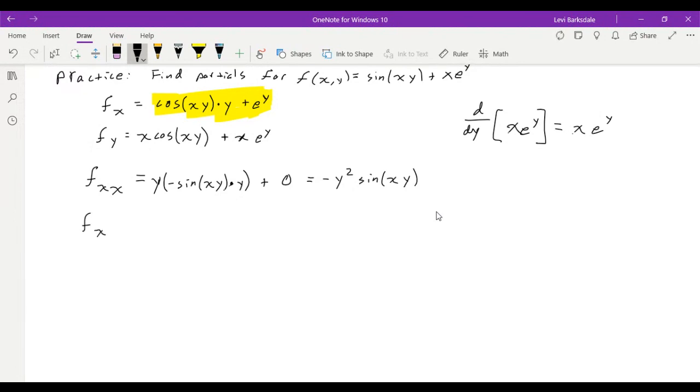Now go ahead and try finding the other 3 second partials.